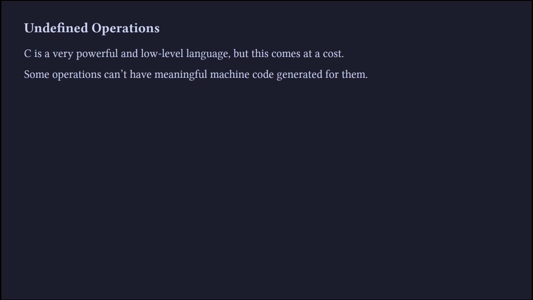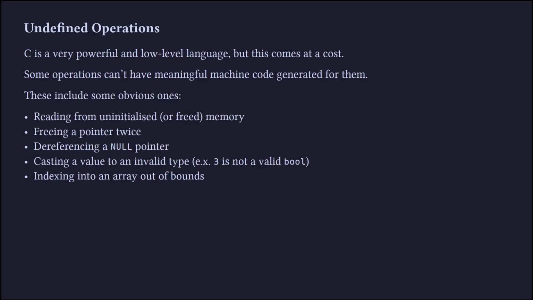It allows us to write things that it can't generate code for, because what am I meant to do when I dereference a null pointer? I could define something for it, but checking and making guarantees around that isn't always possible.